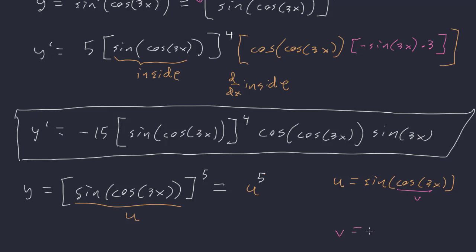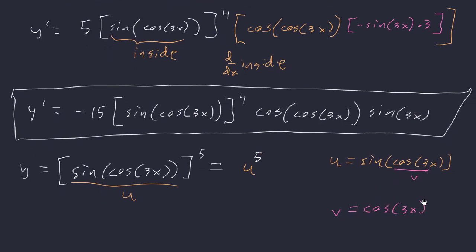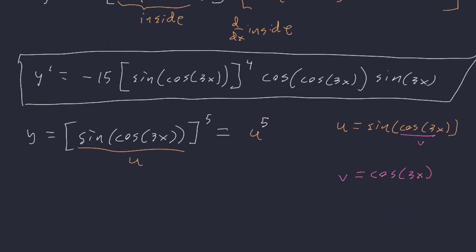Right, so v is going to be cosine of 3x. Okay, and so u is sine of v. Okay, and v is cosine of 3x. And we could probably just say v prime, since it's just a single thing here, that will be negative sine of 3x times 3, since the derivative of 3x is 3. So it's negative 3 sine of 3x is v prime.